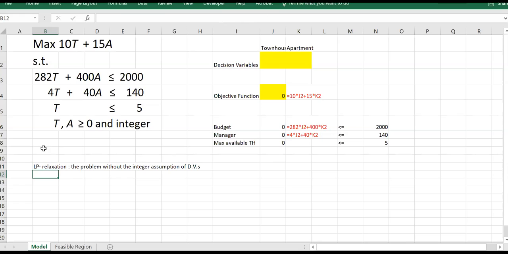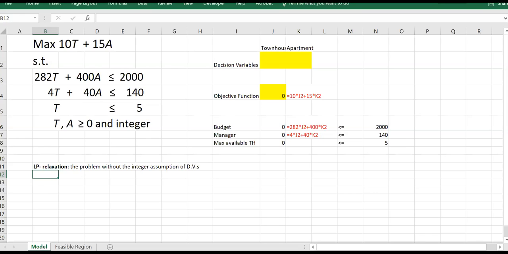So you are relaxing the notion of the decision variables having to take integer values. If we just remove that, it's this simple LP problem that we know from chapter 11. We already know how to solve this.